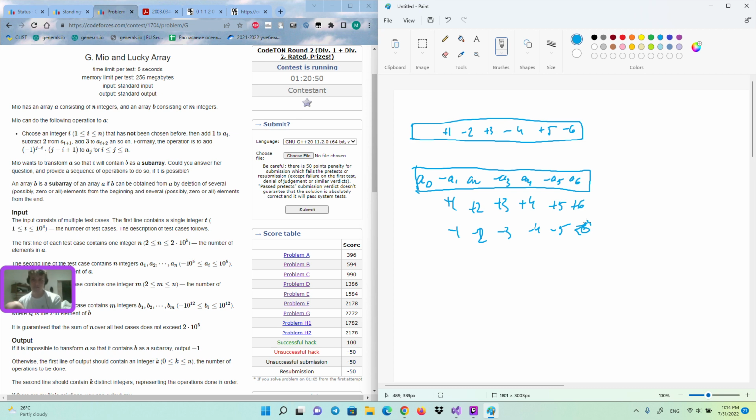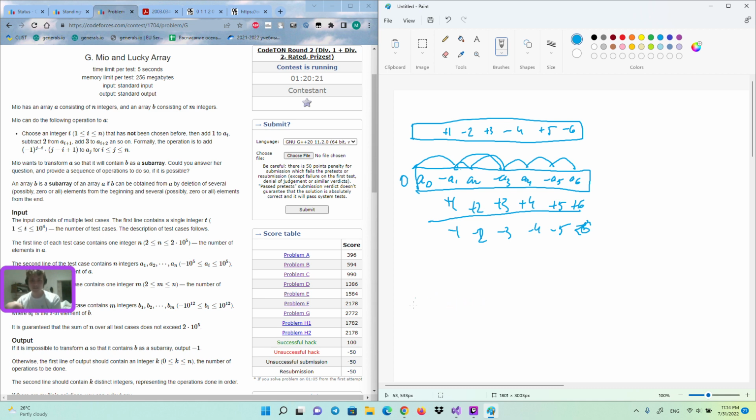After that, we can make a difference array. So difference between these two elements, between these two elements, and so on. And what happens with this array? Firstly, let's add 0 here. It will be handy.